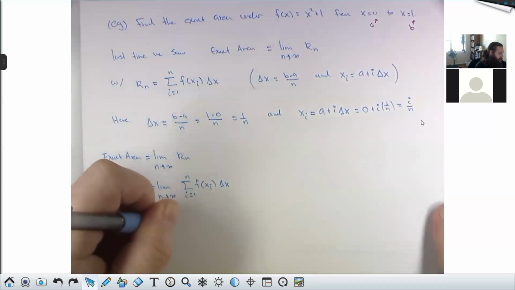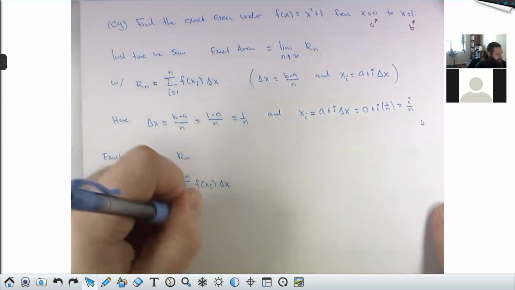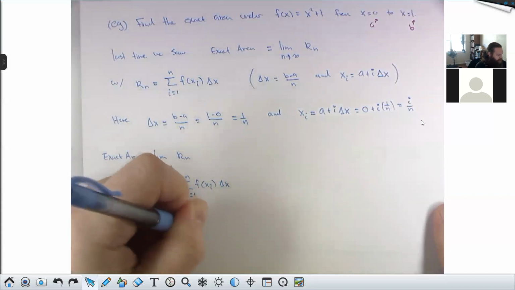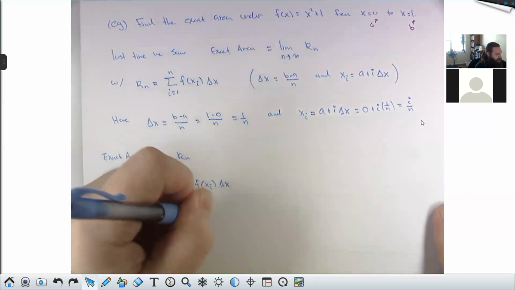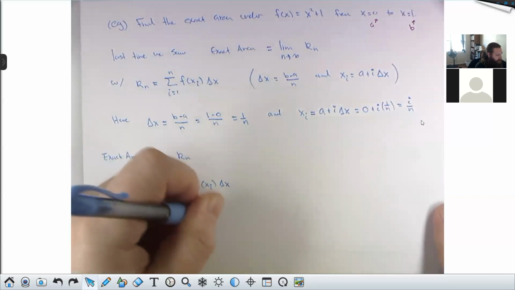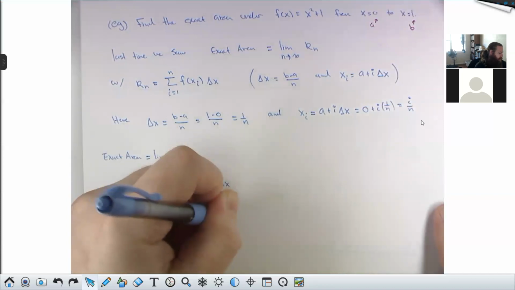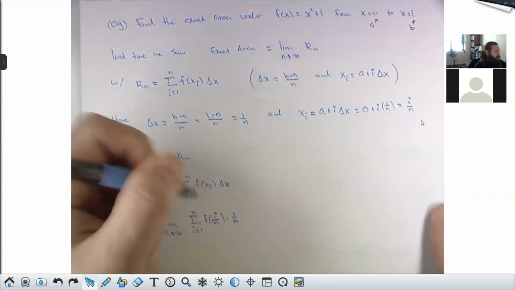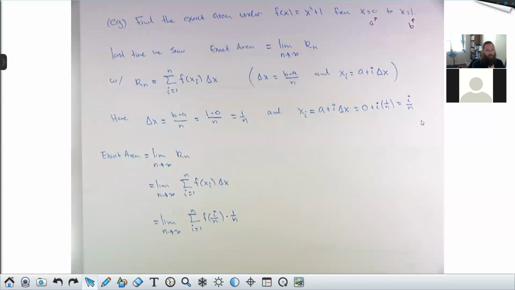So this is the limit as n goes to infinity of sigma i from 1 to n, f of i over n times 1 over n. Pay very careful attention to the notation.